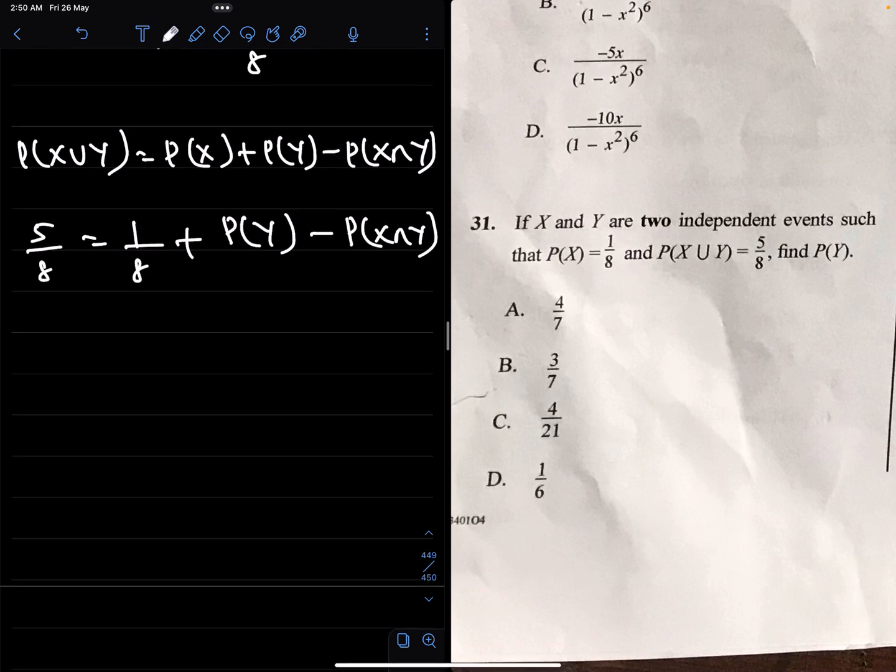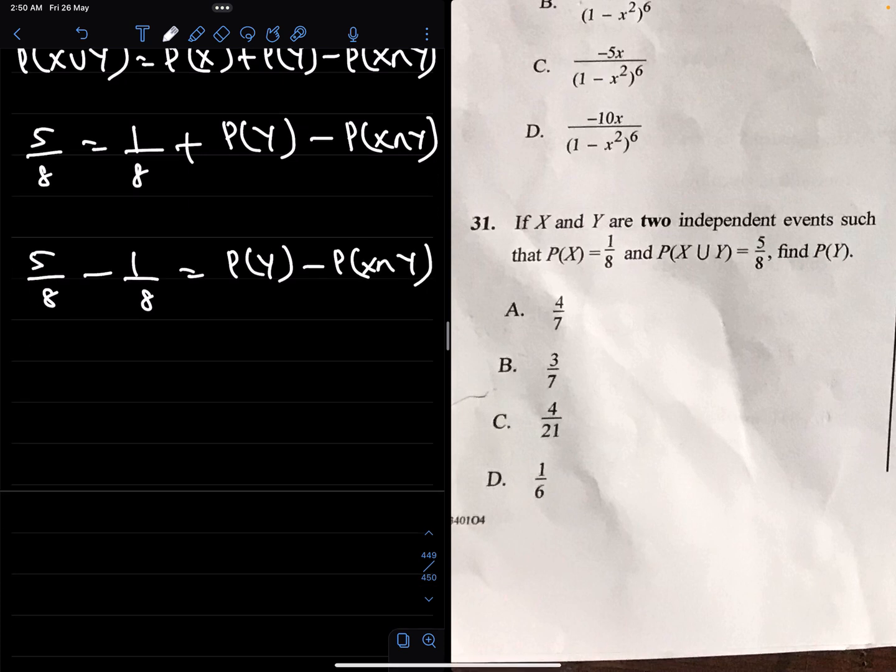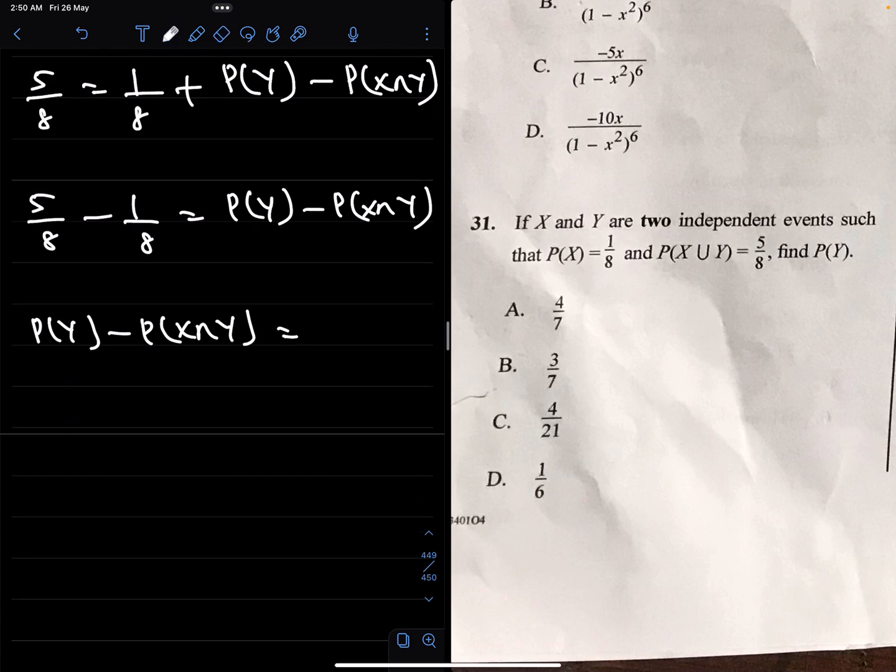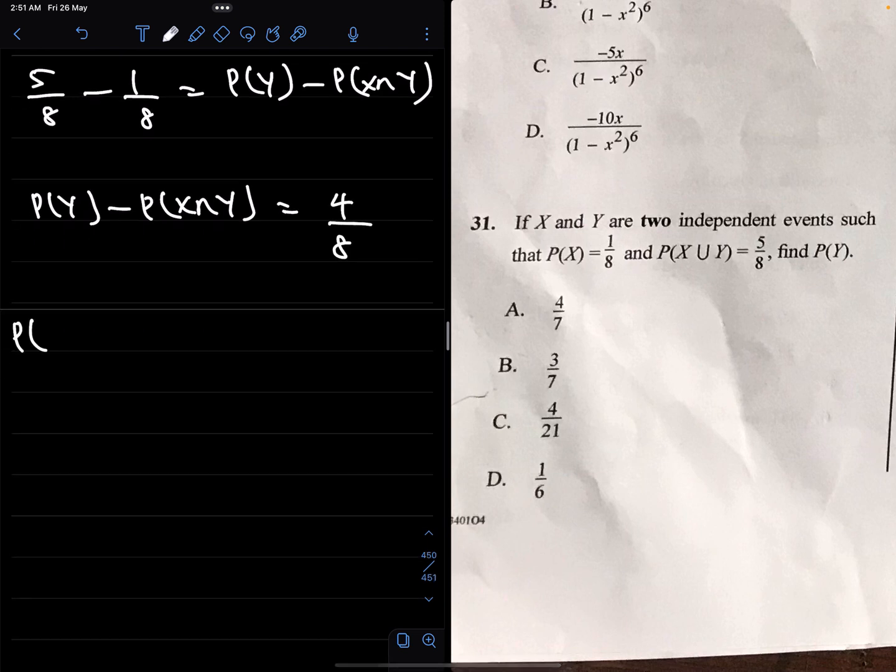This simply means 5 over 8 minus 1 over 8 equals the probability of y minus the probability of x intersection y. 5 over 8 minus 1 over 8 is 4 over 8, so the probability of y minus the probability of x intersection y is 1 over 2.